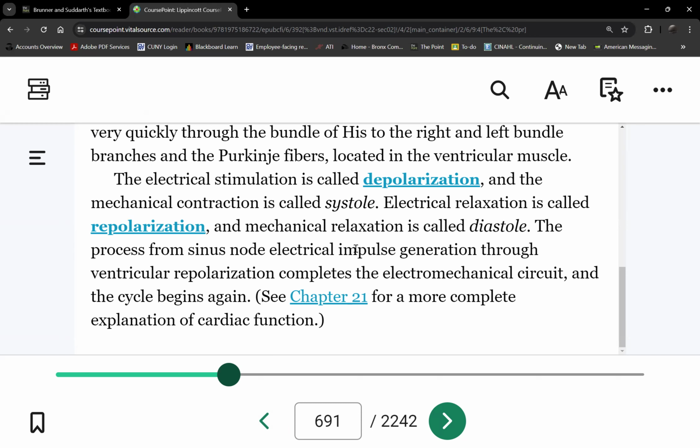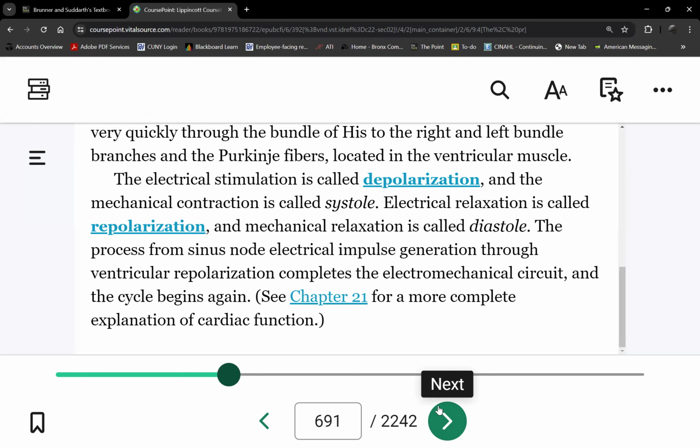So what do we call it when the heart muscles are contracting? Depolarization. What about if they are relaxing? Repolarization. So how does that happen? Imagine a cell. Let's look at this whole screen here as a cell, the inside of a cell. Now, what makes the cell depolarize?